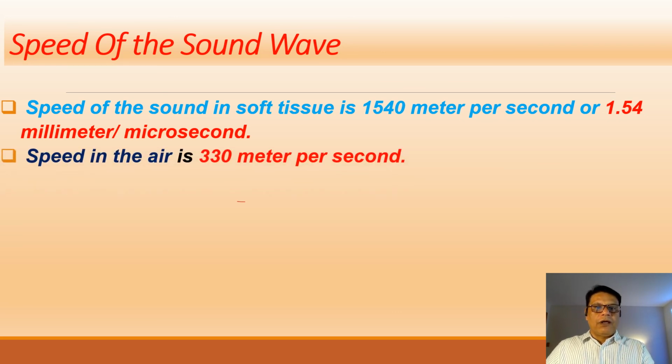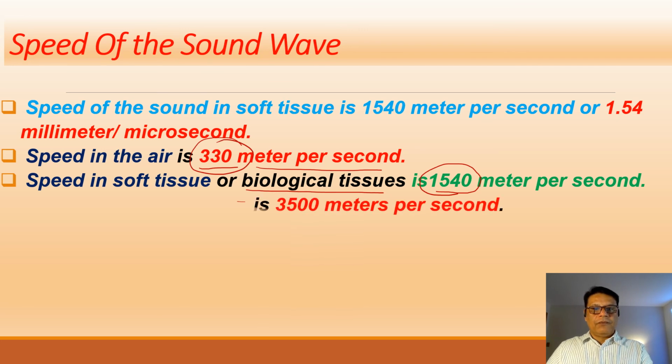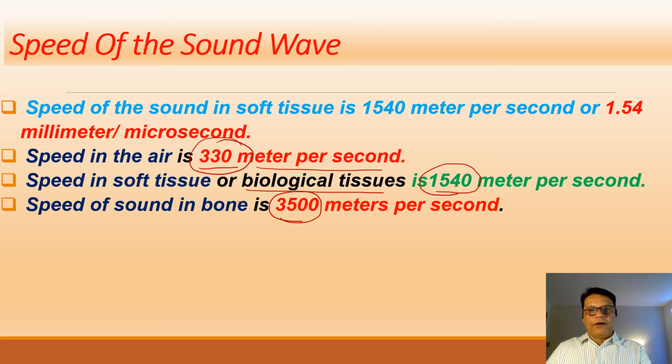Speed of sound in air is 330 meters per second, and speed in soft tissue, also called biological tissue, is 1540, and speed in bone is 3500.